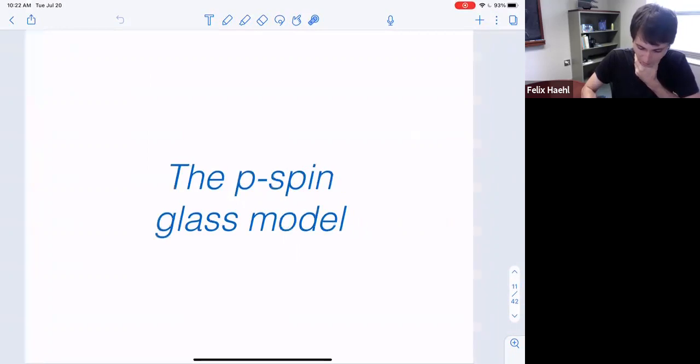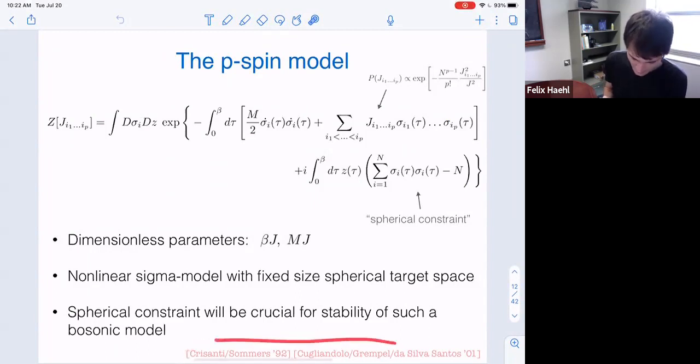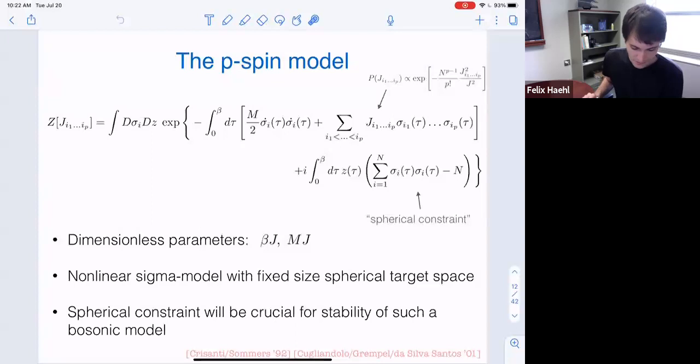Okay, so let me now be more precise about what this model is that we're studying. So this was first written down in these papers down here. And so we have our bosonic variables sigma I that I mentioned. And we now write down a nonlinear sigma model for these guys.